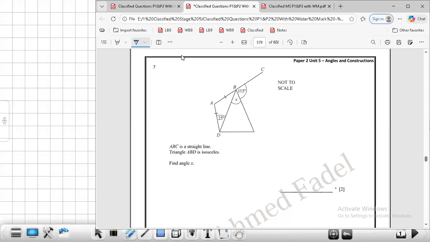This is 25, so this is 25 degrees. Can I find X? Yes, now we can find X. It's on a straight line. Angles on a straight line. So 180 minus 115 plus 25 equals 180 minus 140, which is 40 degrees.